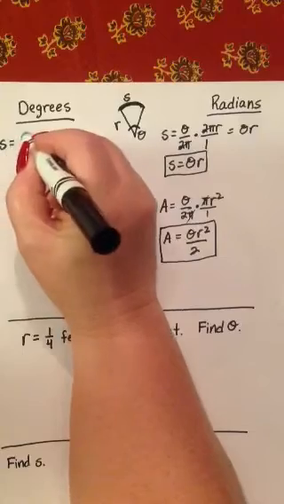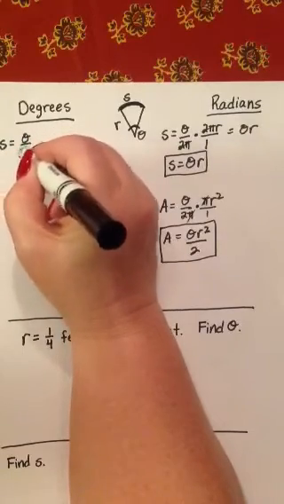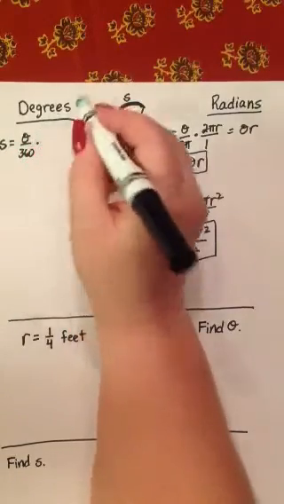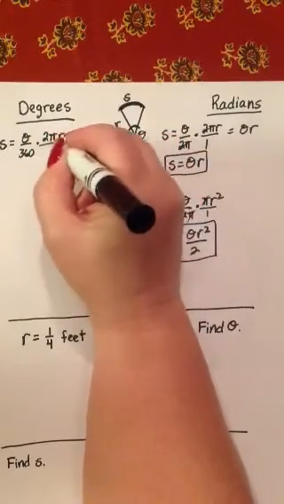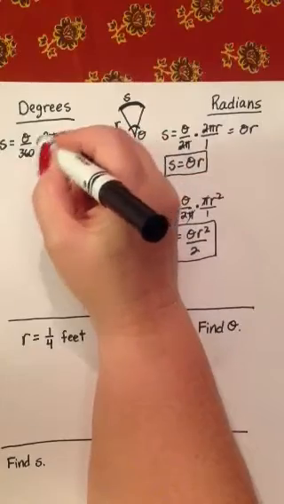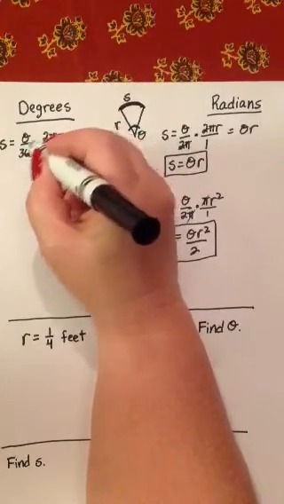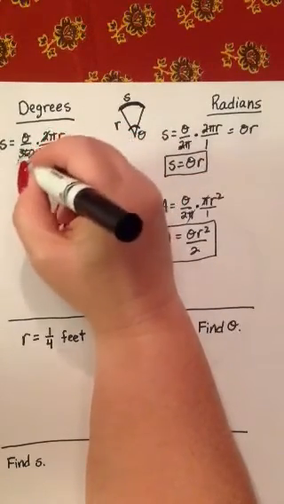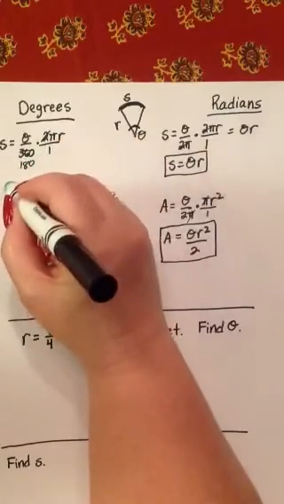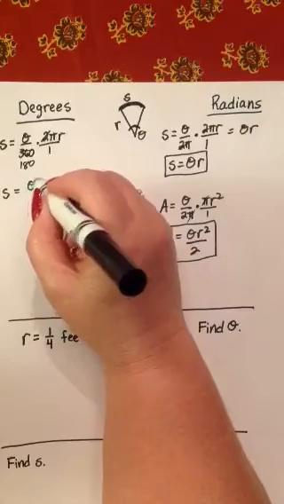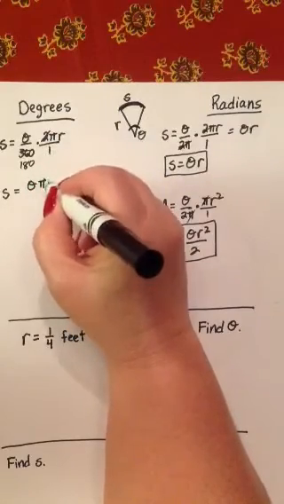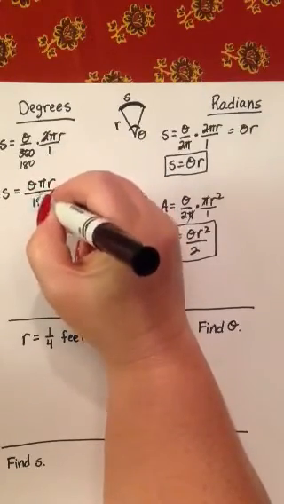So arc length will be theta over 360 times the formula for circumference, which is 2 pi r. Okay, I'll call it over 1. So what happens, the only thing that cancels out is 2 and 360 reduce. This becomes 180. So we could say that arc length is equal to theta times pi times r divided by 180.